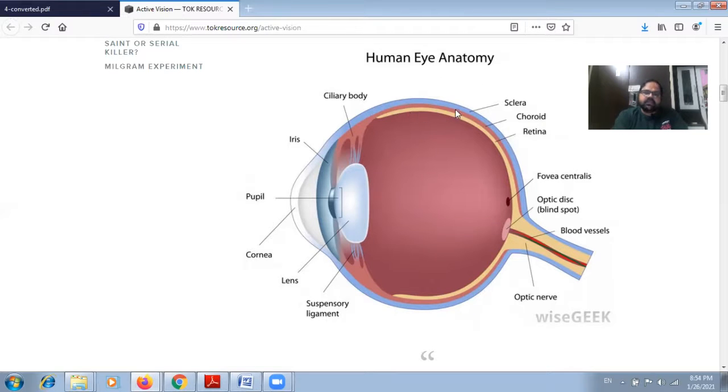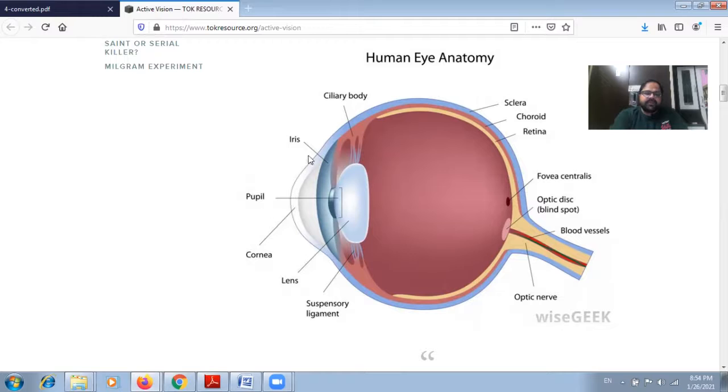And the sclera on the frontal side is called the cornea. So we can see here there is the cornea. When we are talking about the human eye and we move from the forward side to the deepest side, the first thing that comes is the cornea, and above the cornea there is also a membrane called conjunctiva.